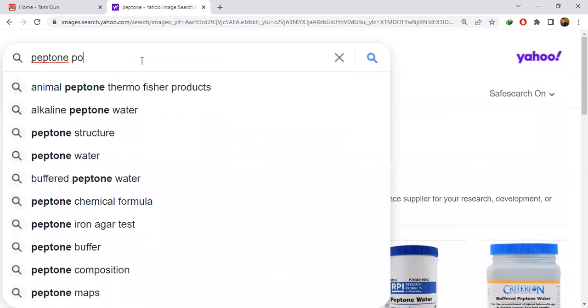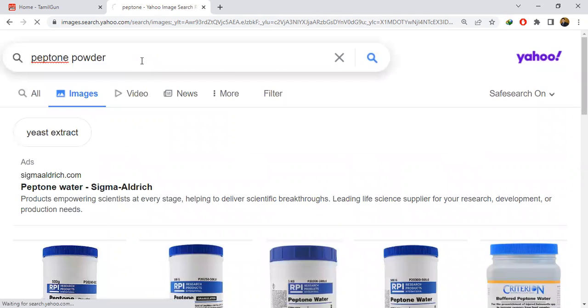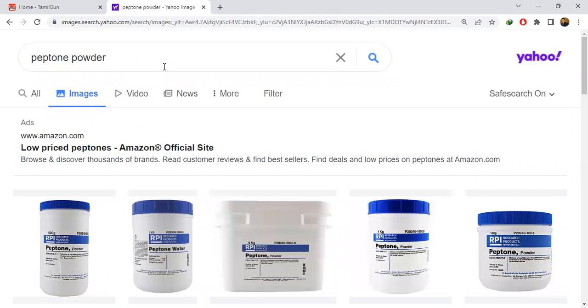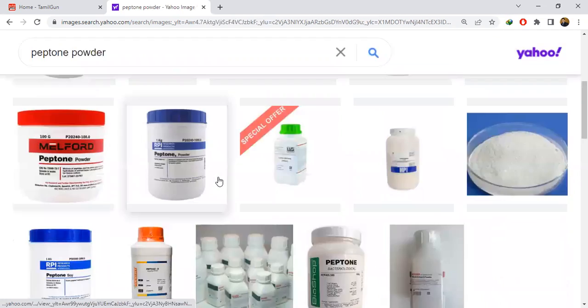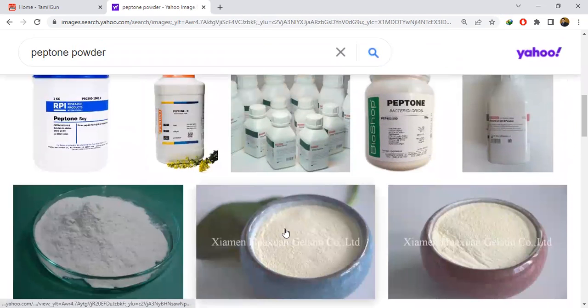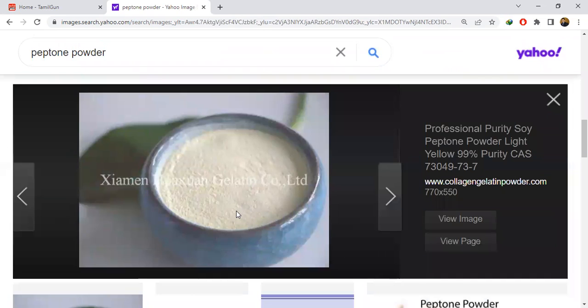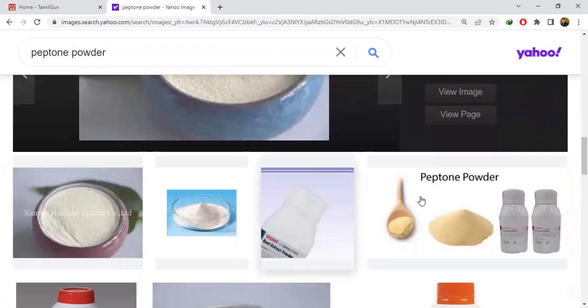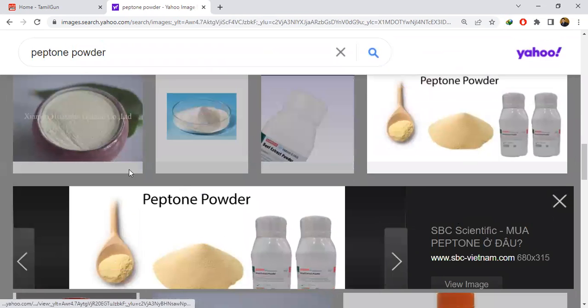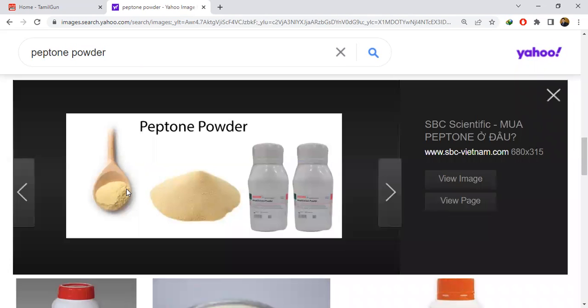Actually, it's a bad smelling one. I have seen that one. I have smelled it also. Off white. Yellow color. So I have seen a yellow one. This is looking like an off white one. Oh, see here. This is what I have seen. Yellow peptone powder, a bad smelling one.